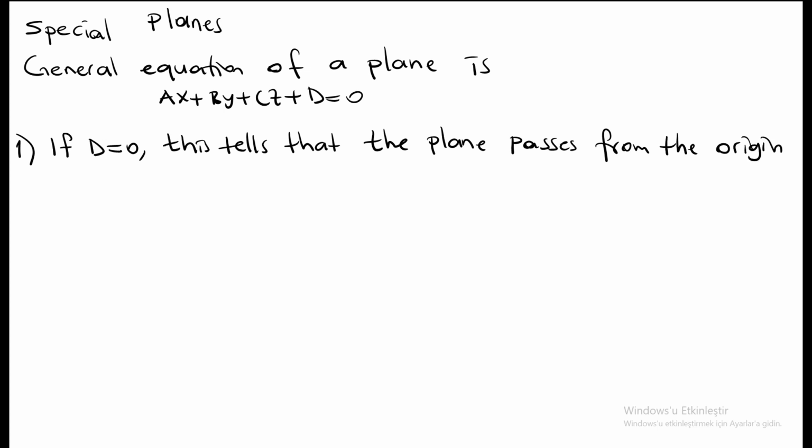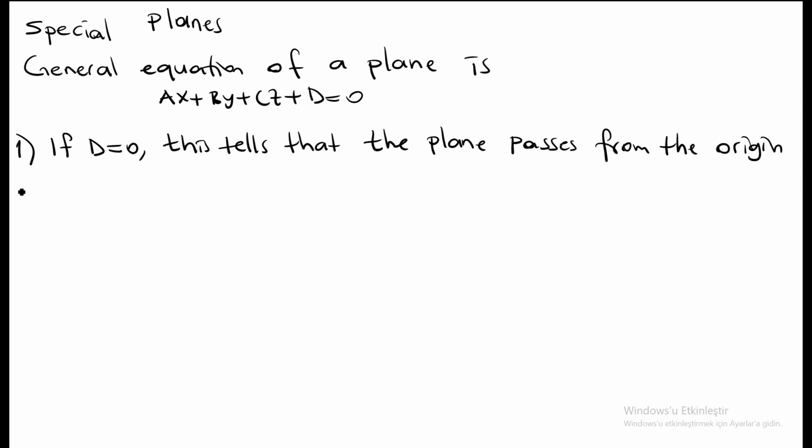Okay, D is 0. We understand the plane is passing from the origin, 0, 0, 0, because if you put 0, 0, 0, the equation is satisfied. So that's why the plane is passing from this origin.